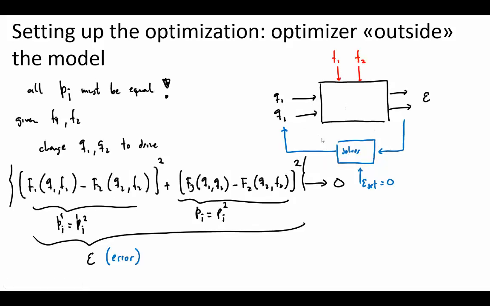On top of that, if we have this model in place, how could we implement the optimization on this system? Let's repeat it.